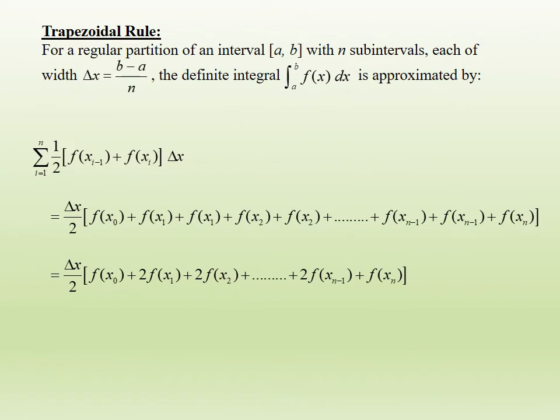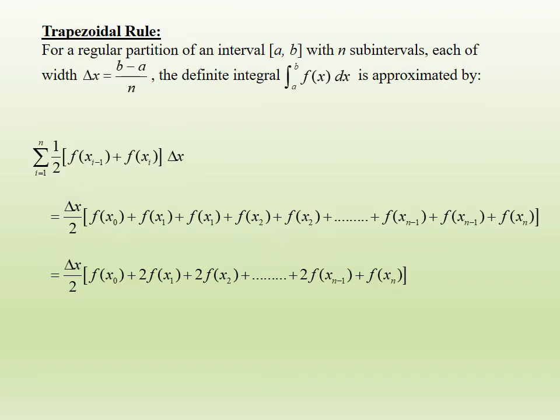Now, we will be using the trapezoidal rule, which is another alternative way of estimating the definite integrals of functions whose antiderivative is not easy to calculate. It is stated as follows.